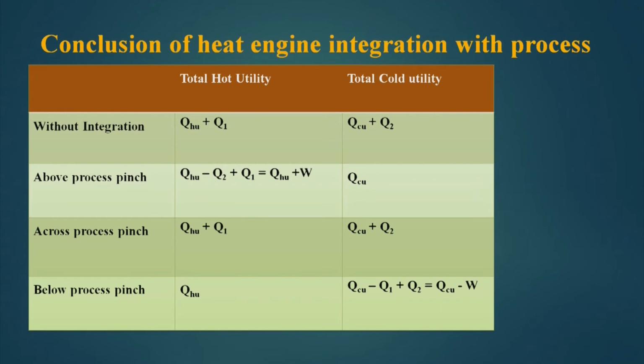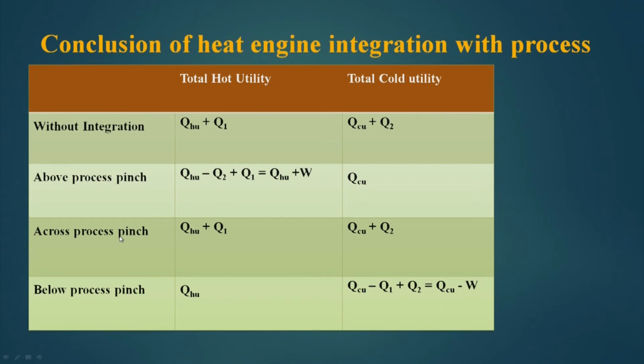After seeing this, let us see what is happening. Without integration, my total hot utility was QHU plus Q1, total cold utility was QCU plus Q2. Now, above the pinch, when I am integrating it, it becomes QHU minus Q2 plus Q1, which is equal to QHU plus W, and the cold utility remains same.